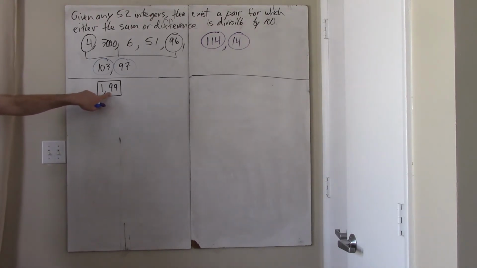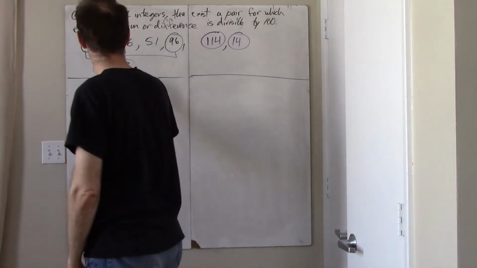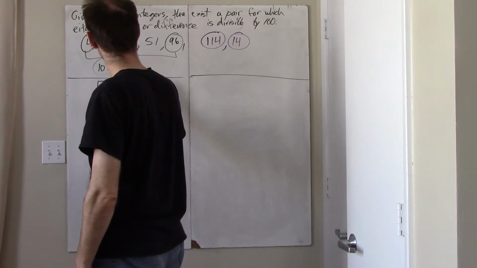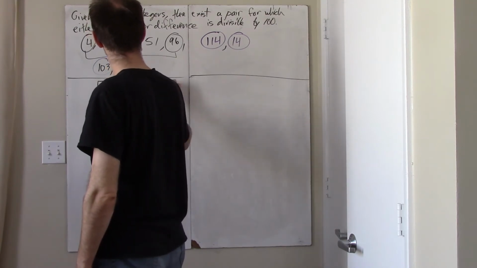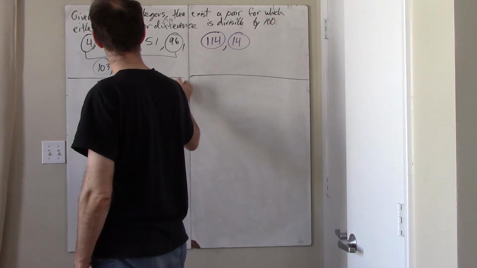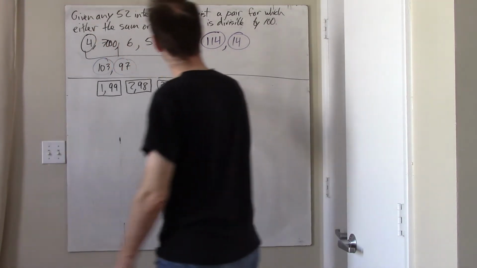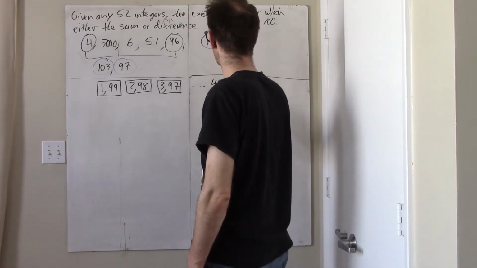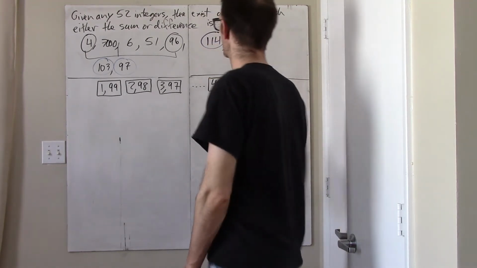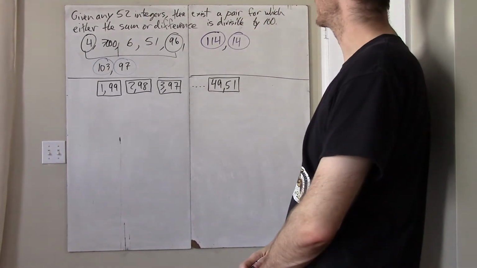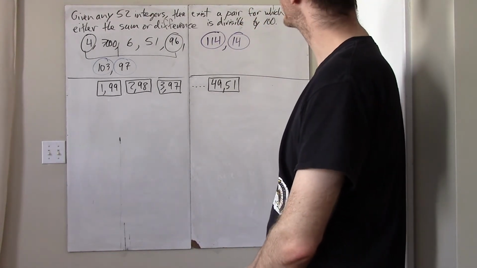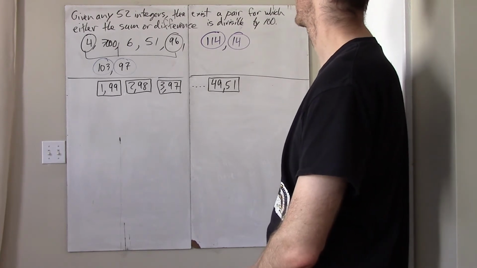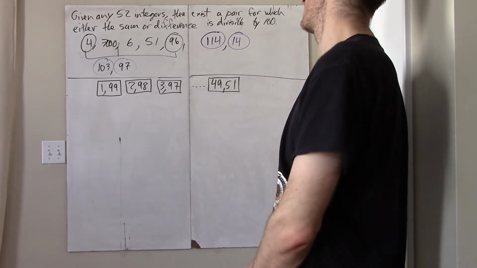And if your two numbers land in that box, well then clearly their sum is going to be a multiple of 100. And then just keep doing that. Take a box with 2 and 98. Take a box with 3 and 97. And just keep on going all the way up to 49 and 51. So if I did this correctly, there are going to be 50 boxes there. No, 49 boxes, of course.